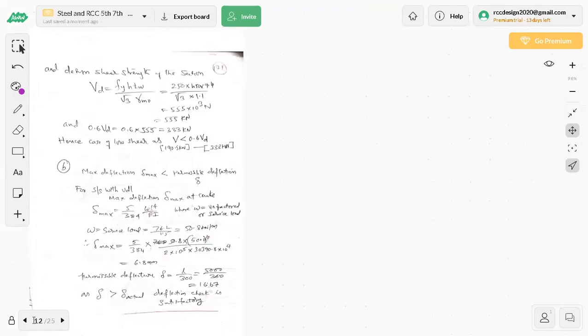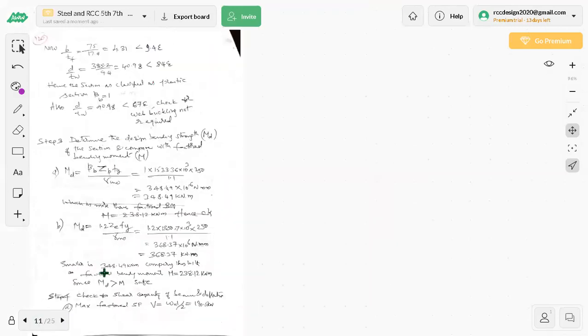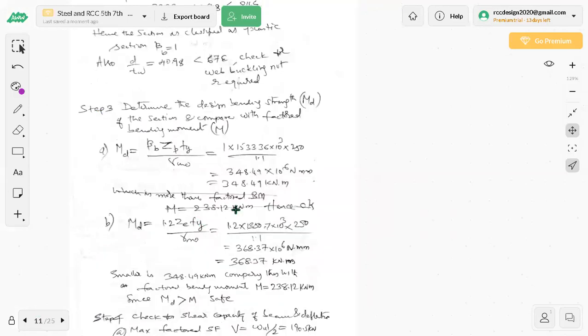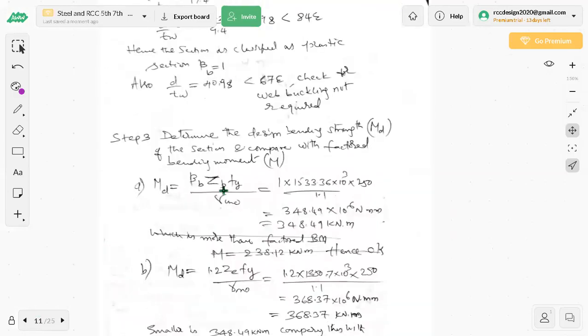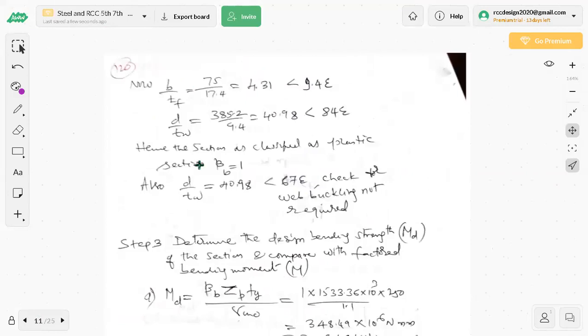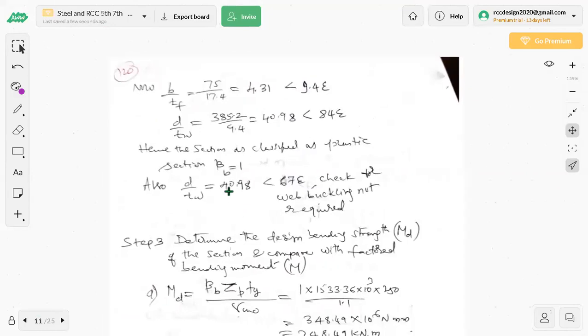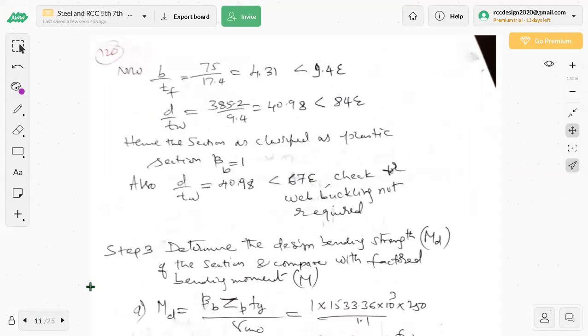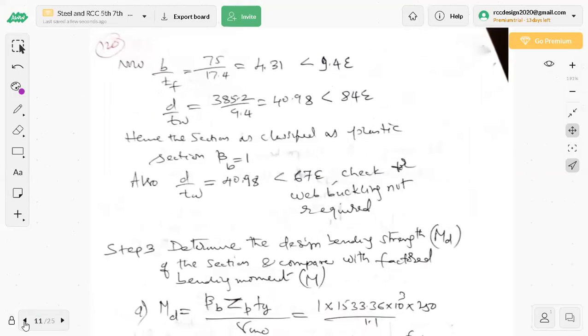Which is that page number in the IS codebook? Anybody knows it? Which is the page where I have to calculate all these things, and say that it is plastic only, or my assumption is correct? I think you have forgotten many things here.